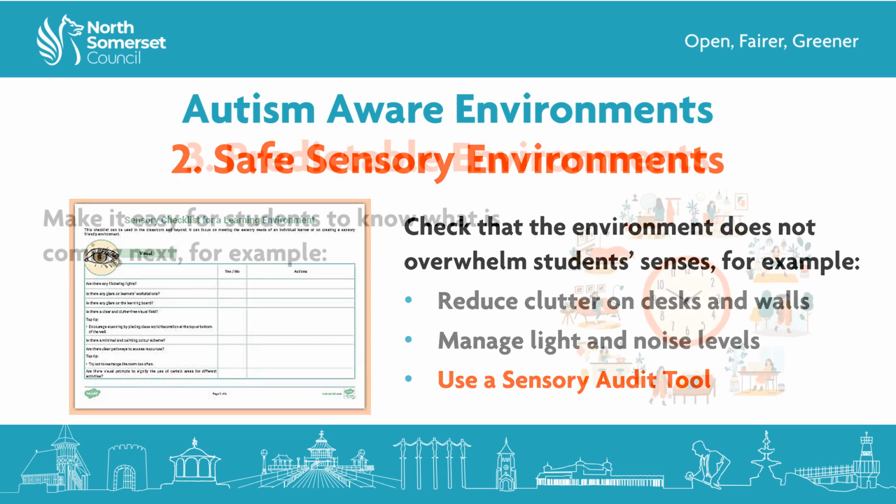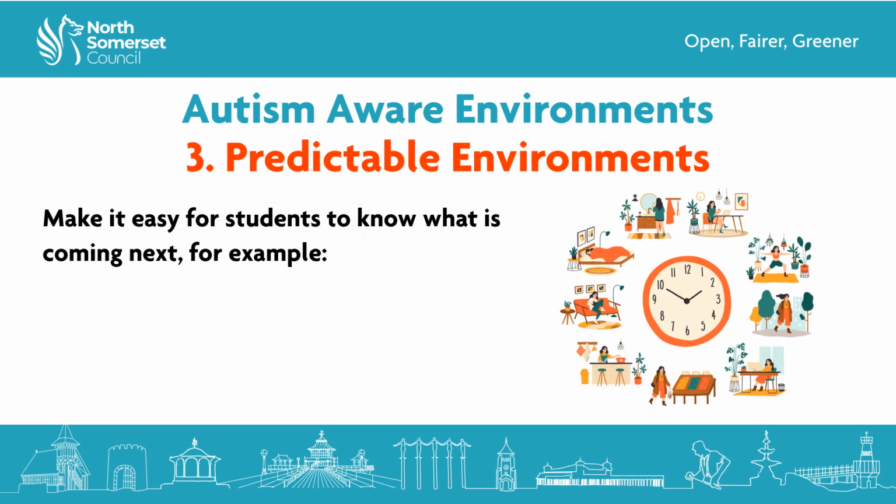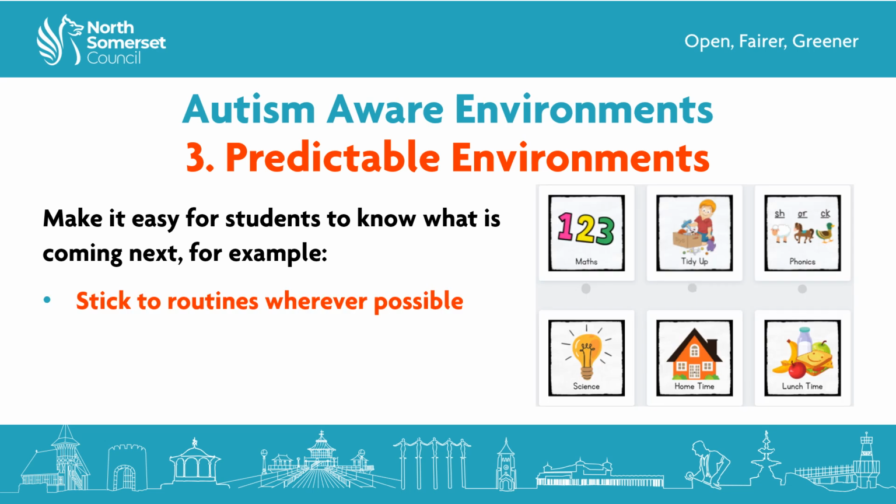A third important aspect of creating autism-aware environments is to make them as predictable as possible. Students with autism are sometimes called mini-scientists, as they like their world to be predictable and repeatable. Increasing predictability usually results in decreasing worry and anxiety. So wherever we can, we help autistic learners by establishing consistent daily routines and sticking to them.